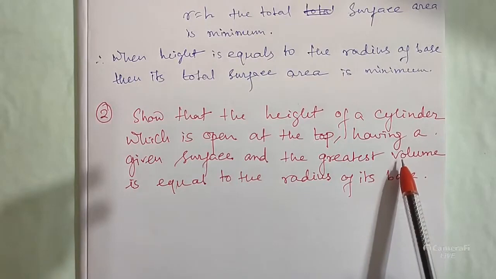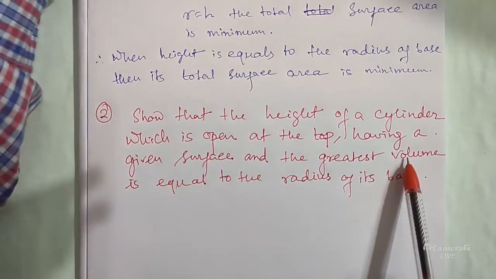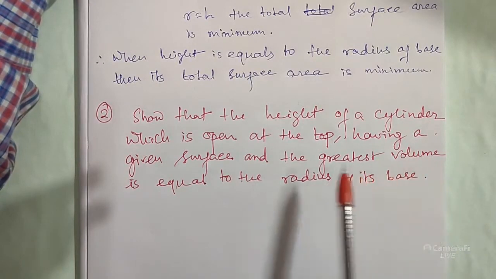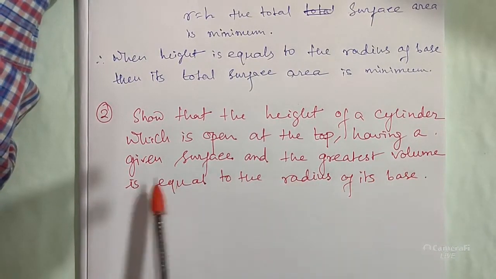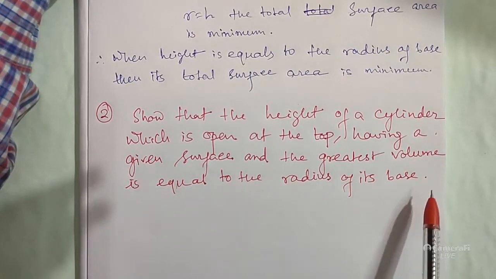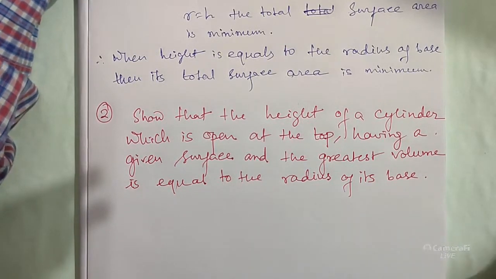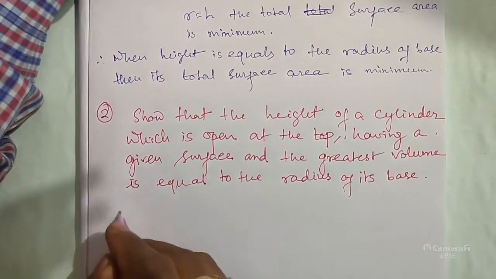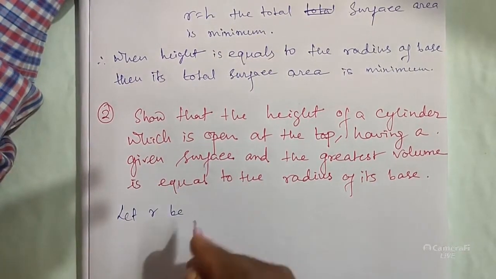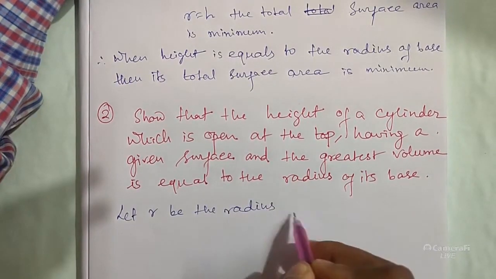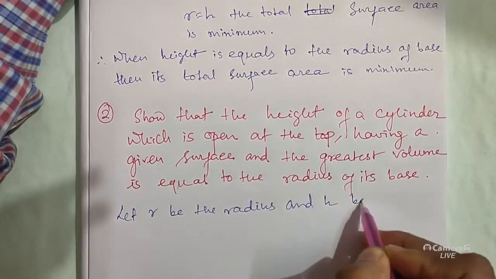In the previous question we showed that the total surface area is minimum. Here we have to show the volume is maximum, greatest volume, and equal to the radius of its base. That means the same condition, h equals r, will be there. So let r be the radius and h be the height.